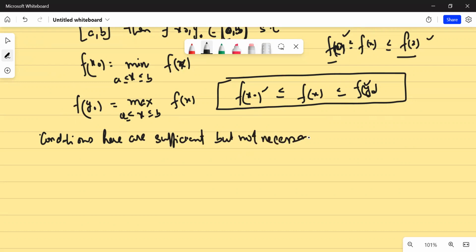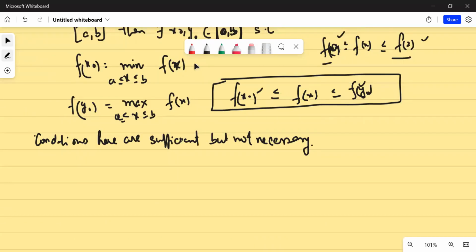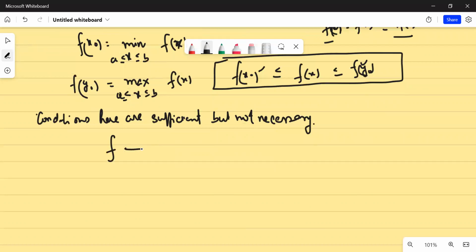Don't worry. So if your function is continuous and it is defined on a closed and bounded interval, then your function f is bounded. This is a sufficient condition, not necessary.